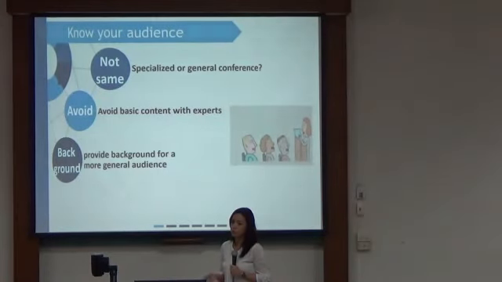So you can get rid of some theoretical parts or the basic parts, because the audience already knows them. If it is a general conference, then it means that the audience comes from sub-disciplines. So you had better give some background for more general audiences.